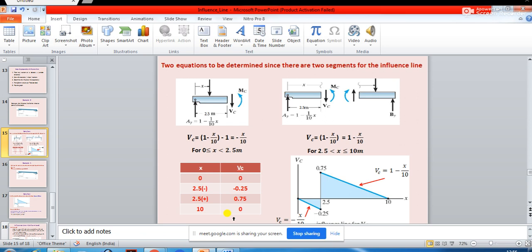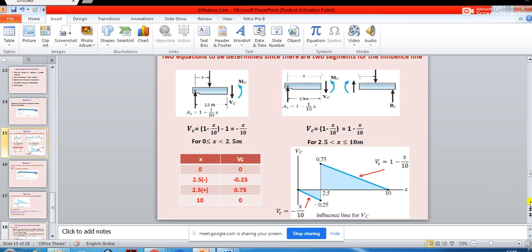So we will not go back and do the same step by step calculation for shear force. Rather, we will go through the equation only.